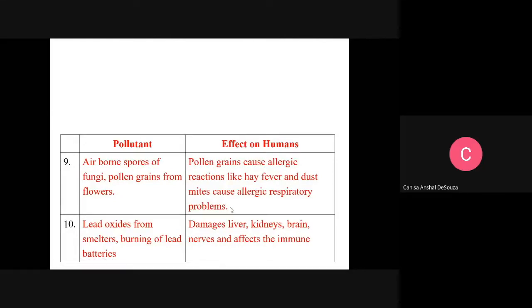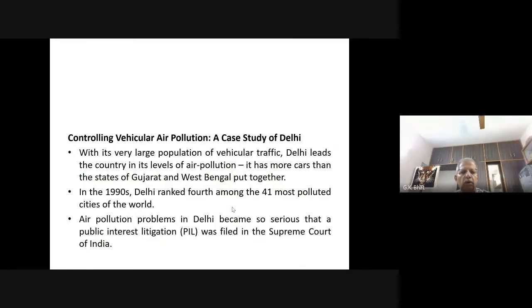Yes, sir. So, now let us take up how air pollution by vehicles is controlled. A case study of Delhi. Of course, some information given here is quite old, but we have to remember it at least for the purpose of examination. With its very large population of vehicular traffic, Delhi leads the country in its level of air pollution.